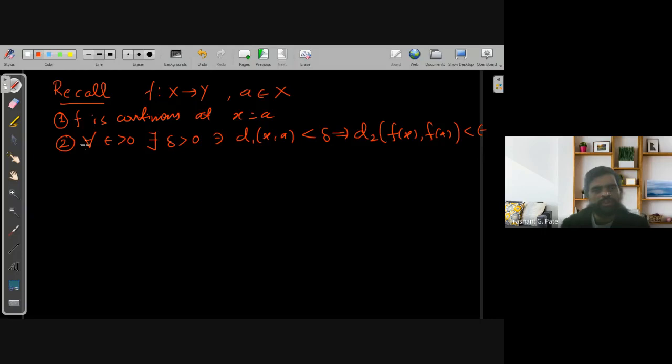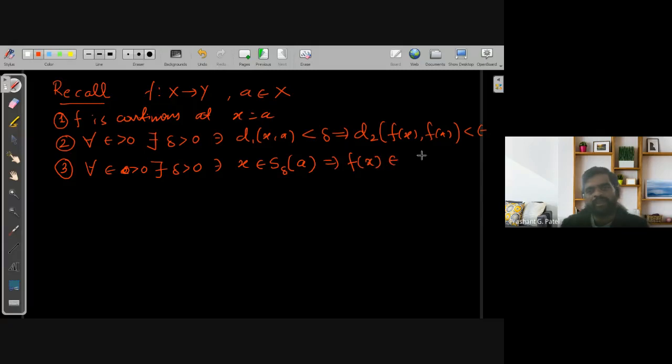This is the actual definition of a continuous function, which can also be stated as: for every epsilon greater than 0, there exists a delta greater than 0 such that x belongs to the neighborhood S delta of a, which implies f of x belongs to the neighborhood of f of a. The fourth statement is equivalent to this definition.